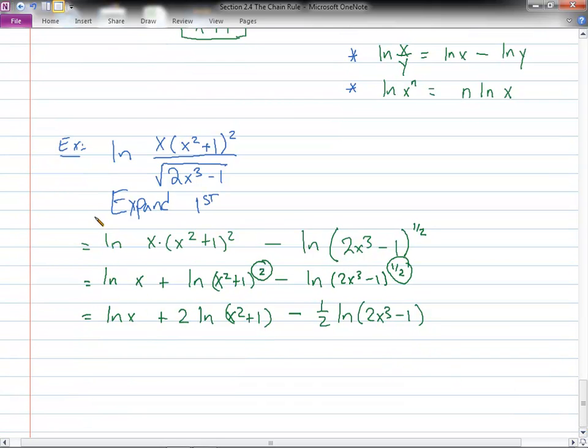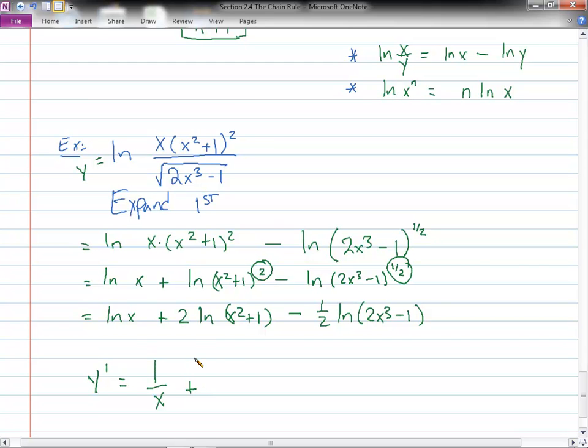Okay? So now the derivative, right, let's just call this y so I can write this as y prime, would be the derivative of each of these separately, which is now pretty much a piece of cake. Right? What's the derivative of the natural log of x? 1 over x.